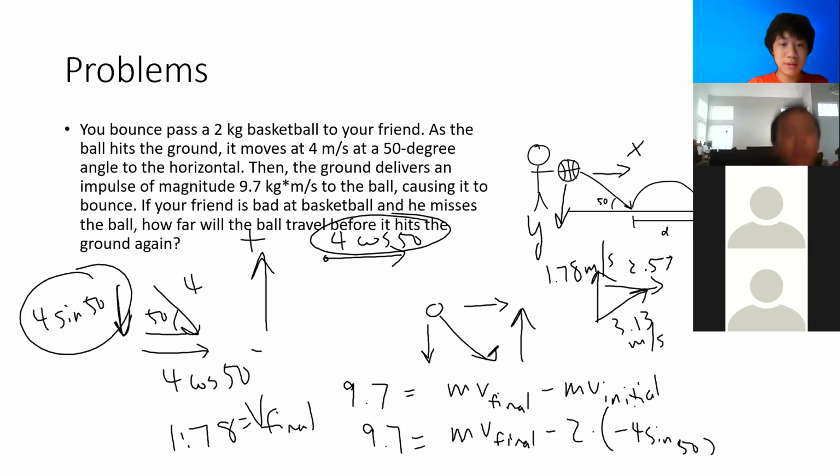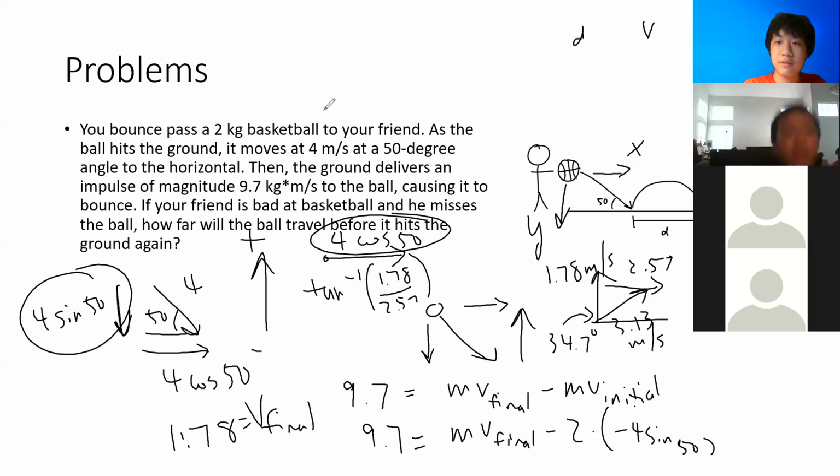And what's the angle? Well, the angle is tan inverse of 1.78 over 2.57. Right, this is just the kinematics. So the angle is going to be 34.7 degrees.